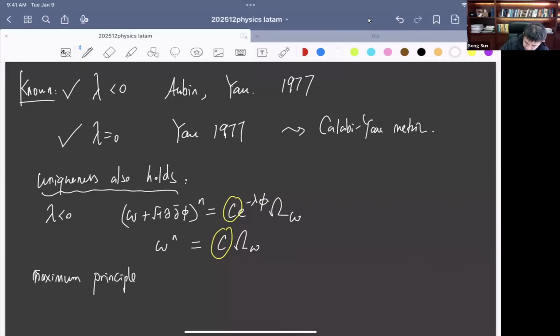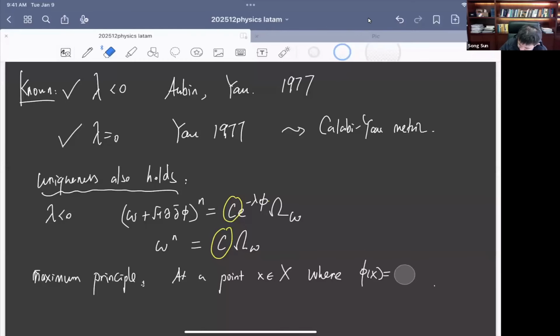So let's consider a point x where phi(x) equals the minimum of phi. Then we know at the minimum the Hessian is non-negative.